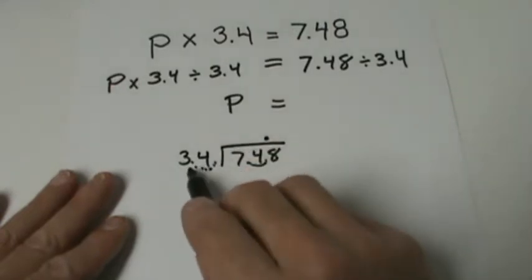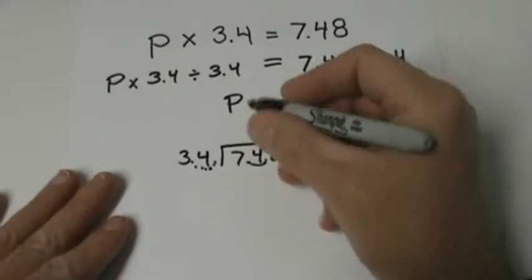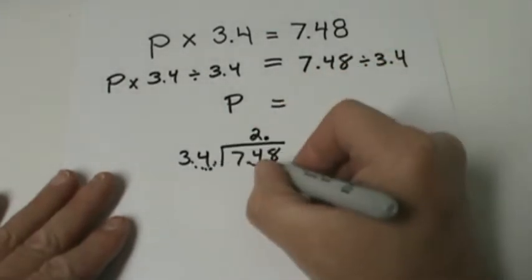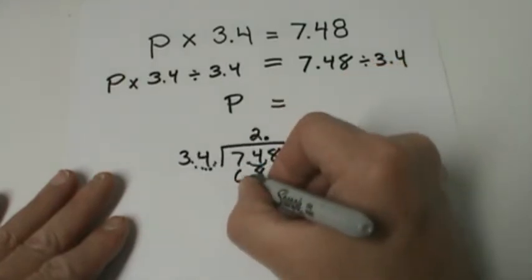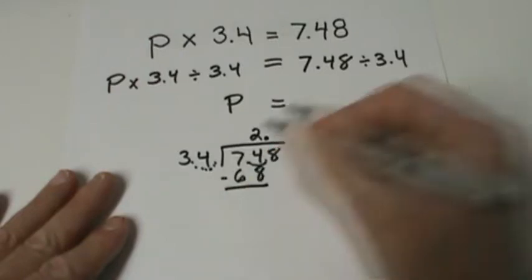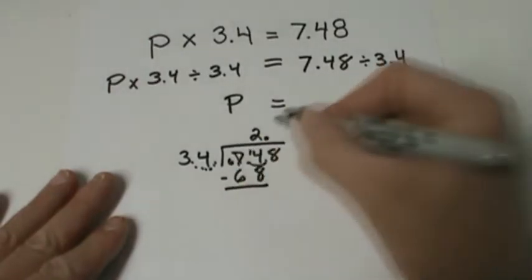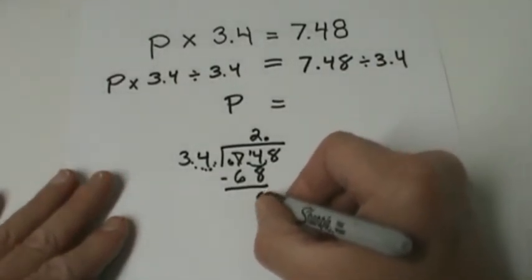And we know that 34 will go into 74 a total of 2 times. 2 times 4 is 8. 2 times 3 is 6. We subtract. 4 can't take away 8, so we borrow. That becomes 6. We get 14. 14 take away 8 leaves us with 6.